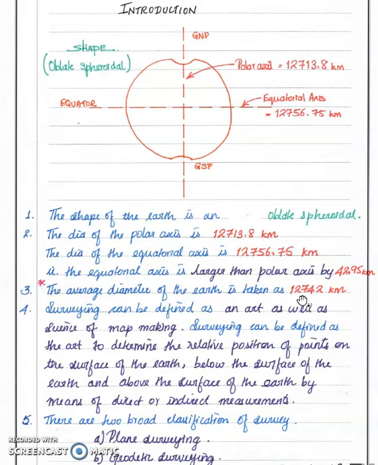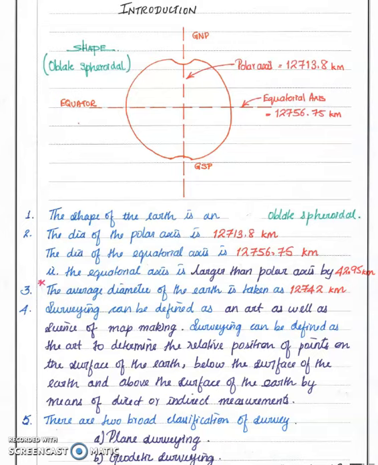Measurements done on the horizontal plane are known as surveying. If the measurements are carried out on the vertical plane, it is known as leveling. In other words, it is the art used to prepare maps, the science of map making.